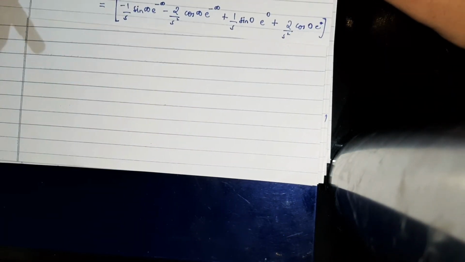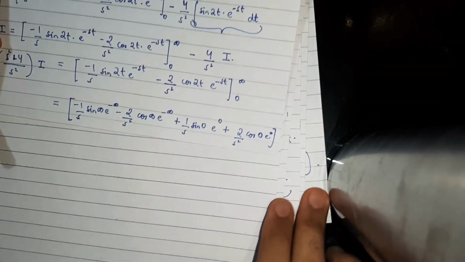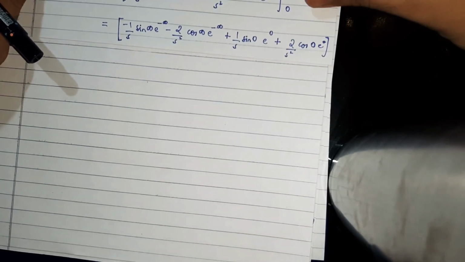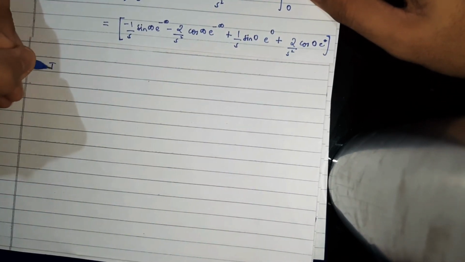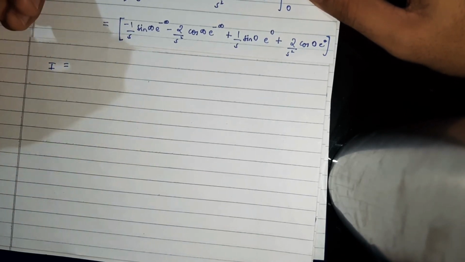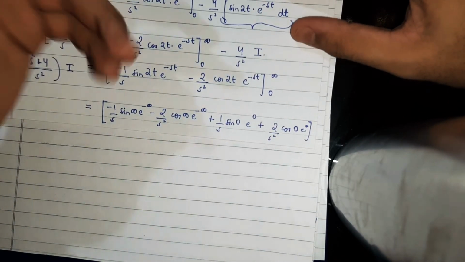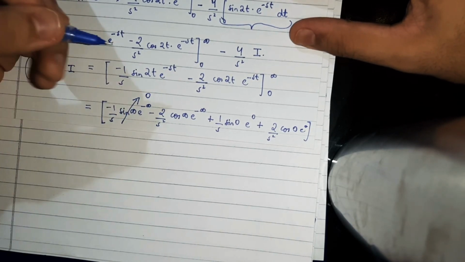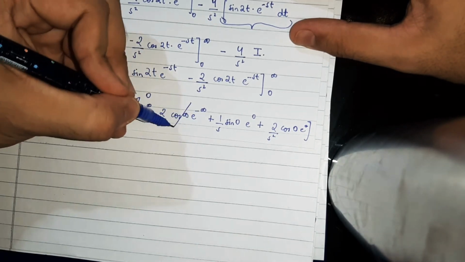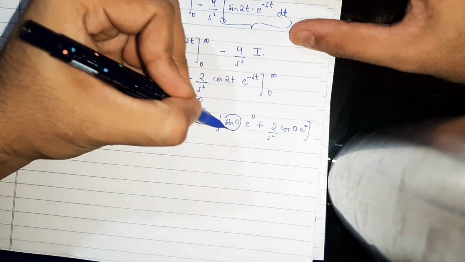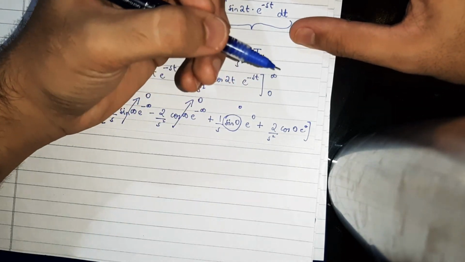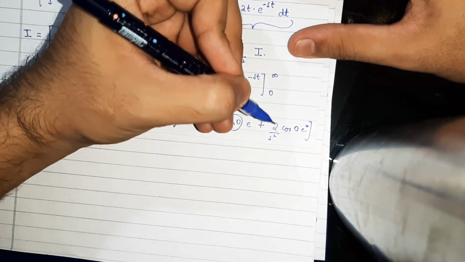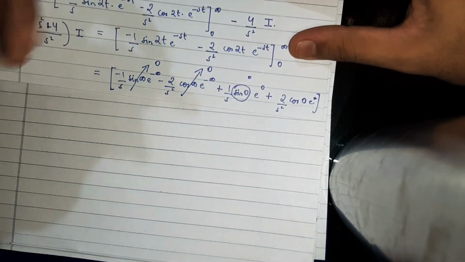Before that, if we take a moment to observe here, e to the power minus infinity tends to 0. Again, e to the power minus infinity tends to 0. Sine 0 is itself 0. So what we're left with is just this term, 2 over s square cos 0 e to the power 0, which is equal to 2 over s square.